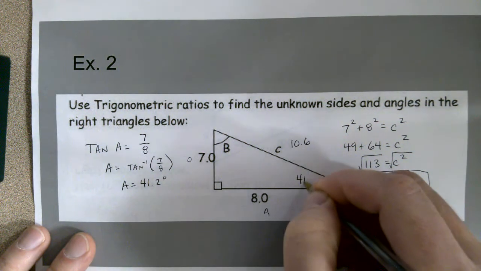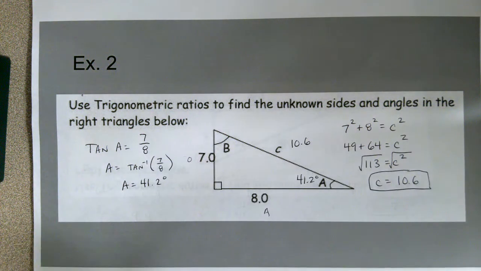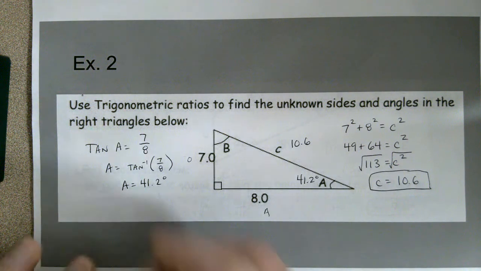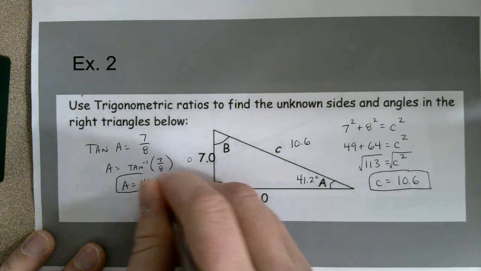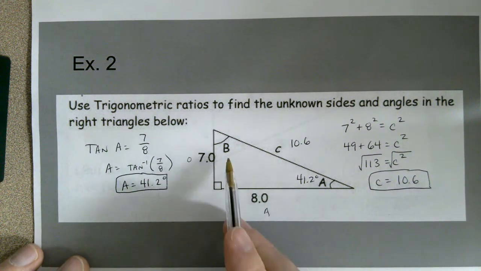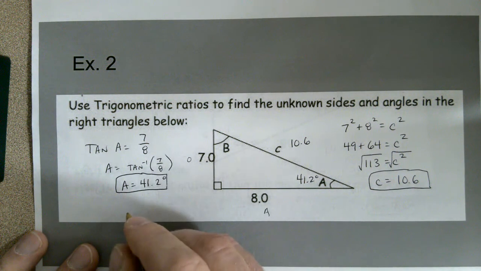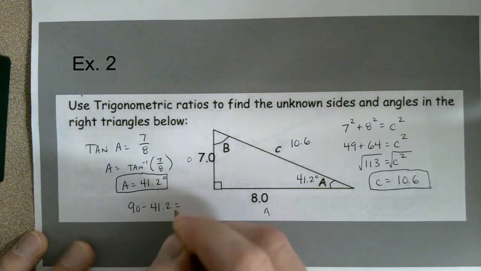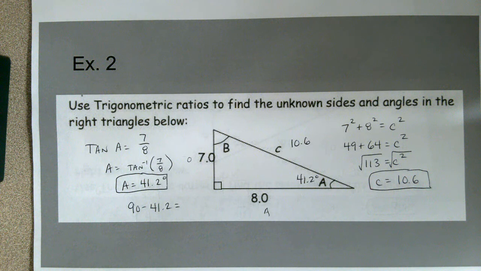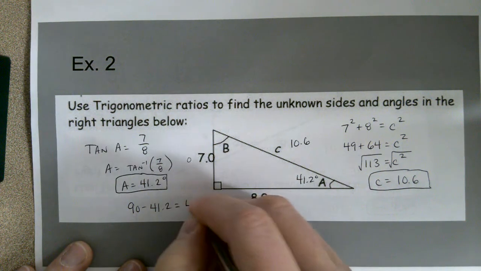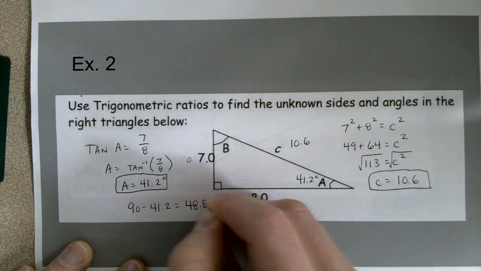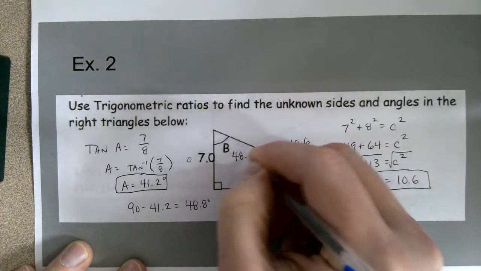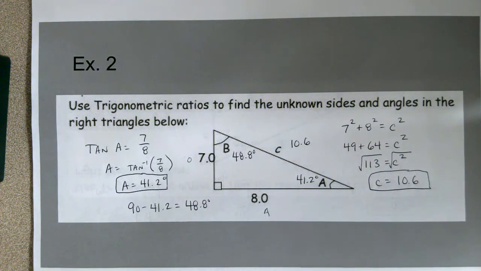So there's my angle A. If I want to then find angle B, I'm just going to do 90 minus 41.2, which gives me 48.8 degrees. So that would be angle B, 48.8 degrees.